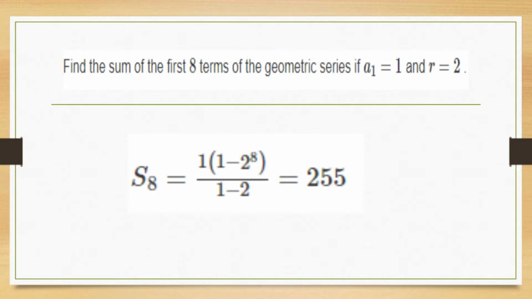So S sub 8 equals a sub 1 times 1 minus r raised to the power of 8 over 1 minus r.